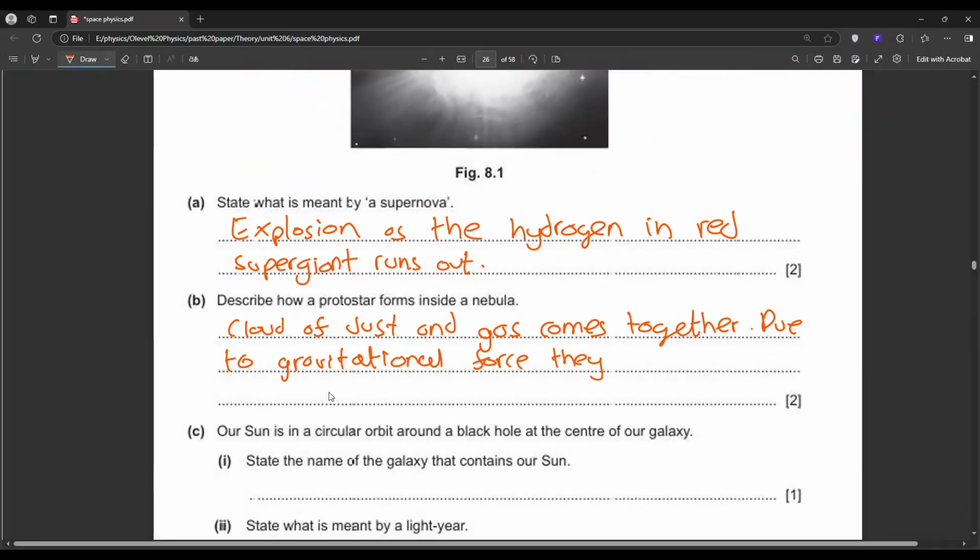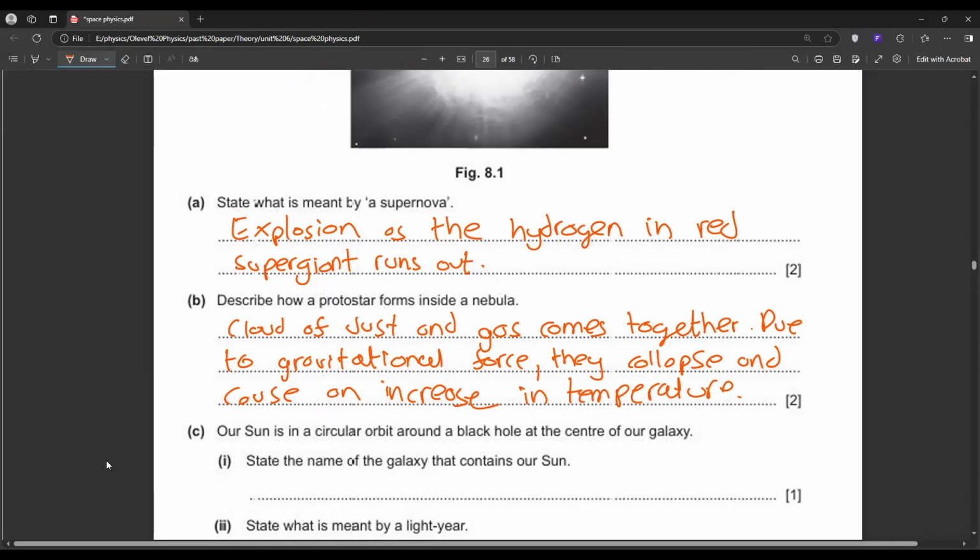They collapse due to gravitational force and cause an increase in temperature. Simple as that. Nothing complicated.